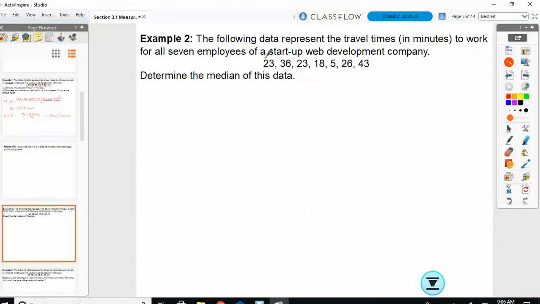So let's just do an example of that, see if we remember. Back to our 7 employees. If I asked for the median, can I just look at this and say, well, 18 is the middle, so that's my median? Right, it has to be in order. So smallest is 5, 18, 23, 23, 26, 36.